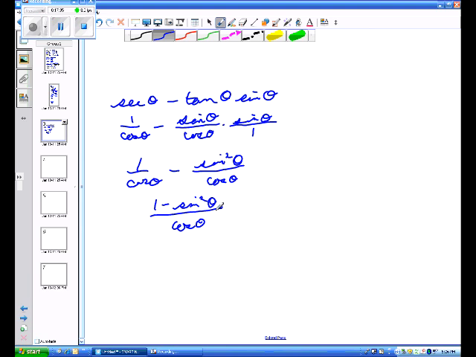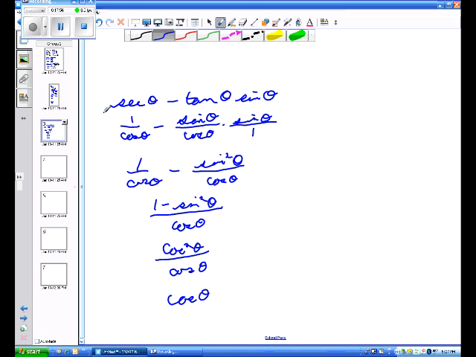Well, notice that's what we have here in our numerator. And so we could actually replace that numerator with cosine squared. So we have cosine squared theta over cosine theta, which would be cosine theta.